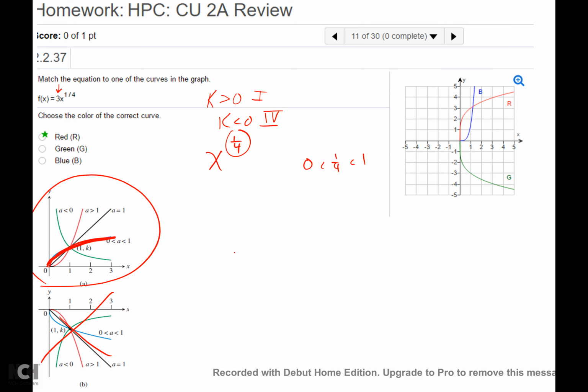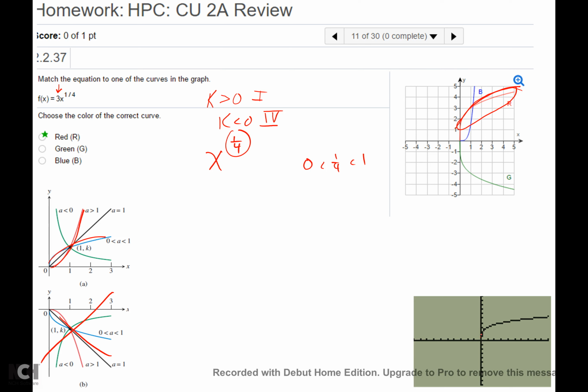It's going to curve like this, not like this. So it's got to be the red one, because I know it's going to curve like this and not like that.